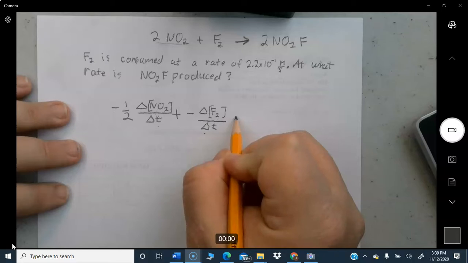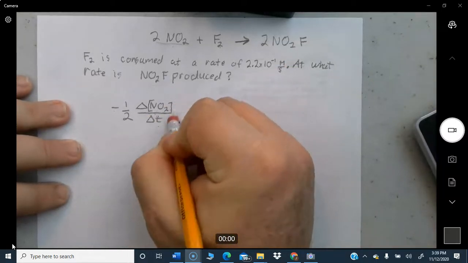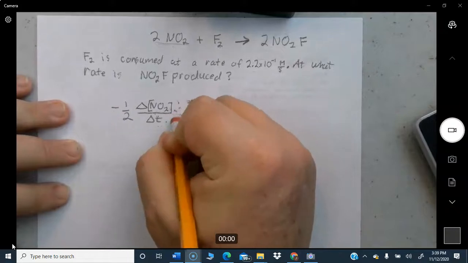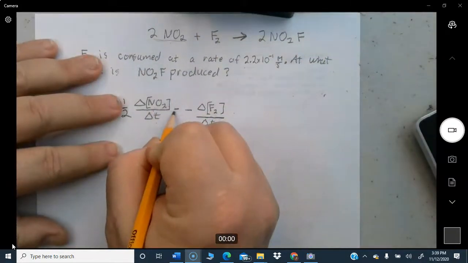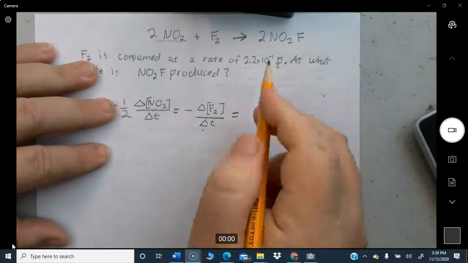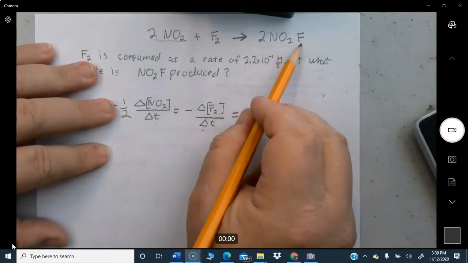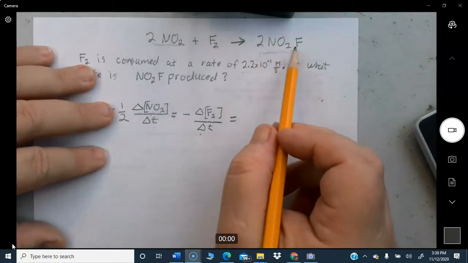Okay, and now we have, I'm sorry, that shouldn't be a plus. How many of you caught that? We're writing a rate expression that equates the rates. So that's an equal sign. Okay, and now we're going to equate that to the rate at which the NO2F is being produced. And since it's being produced, it's increasing, that's a positive.